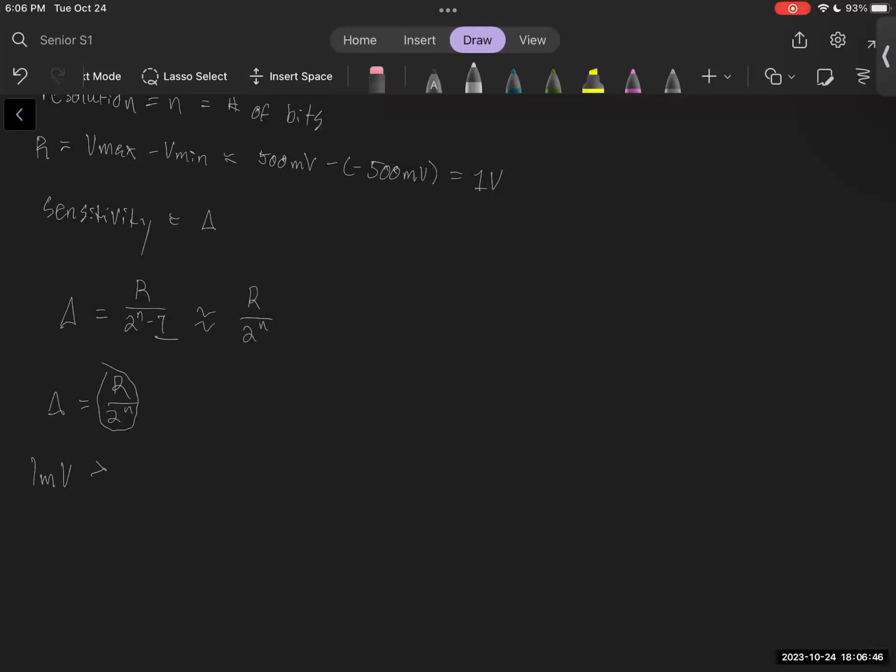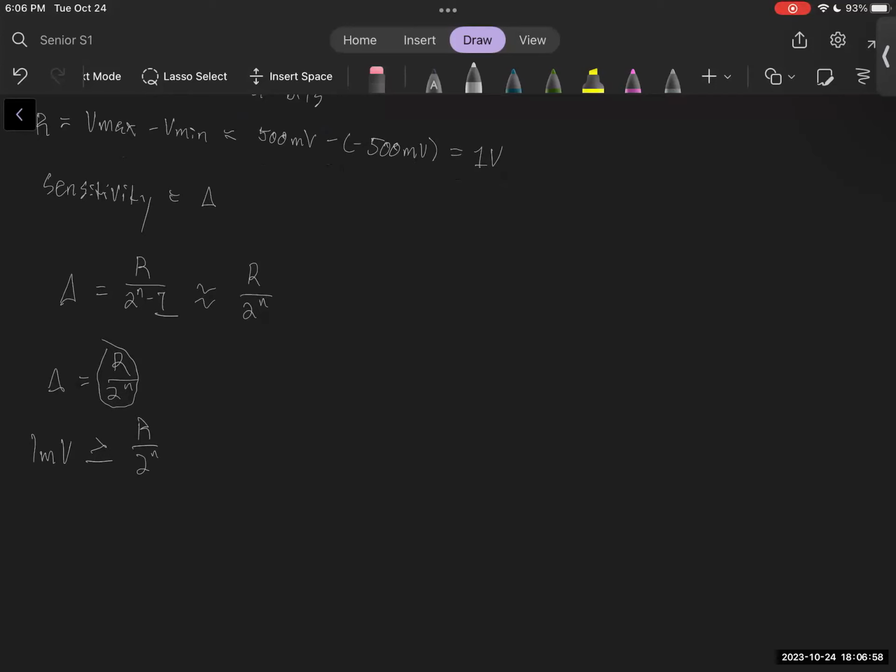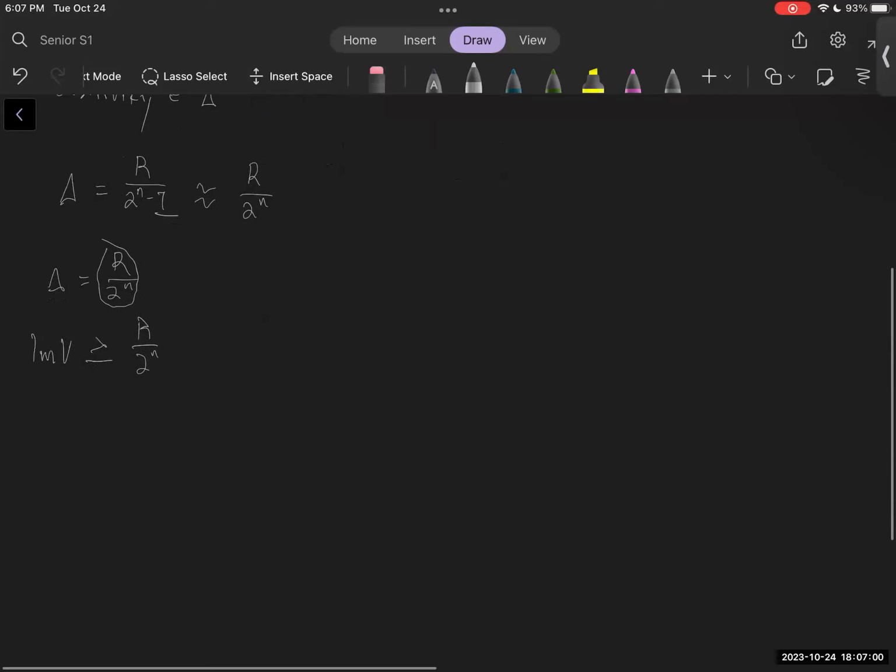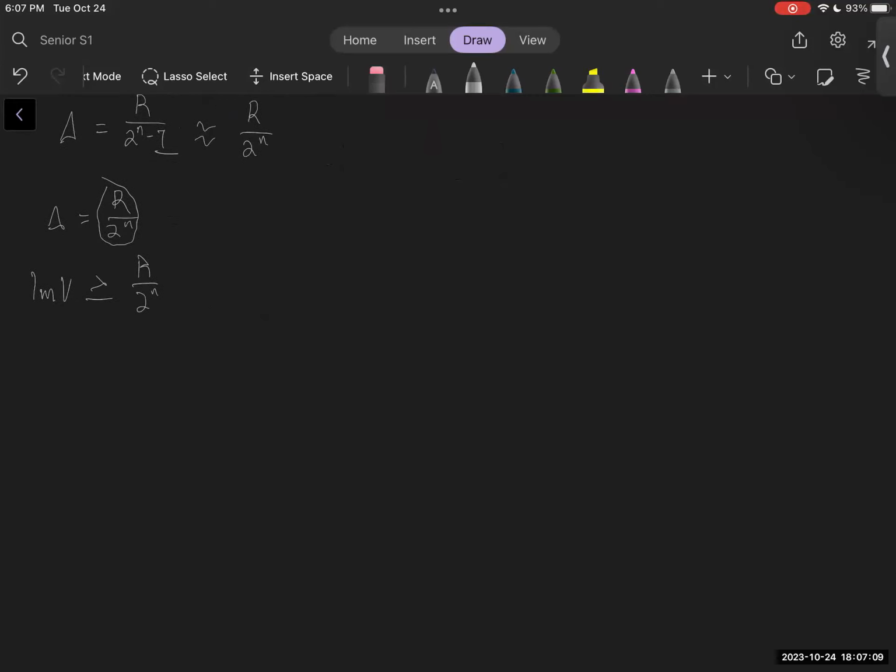And that has to be greater than or equal to R over 2n. All right. And now we need to solve for 2n. So we can go ahead and multiply over 2n and divide by 1 millivolt to get 2 to the power of n is greater than or equal to R over 1 millivolt.